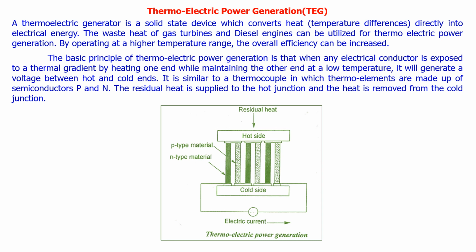It is very similar to a thermocouple, in which thermal elements are made up of P and N semiconductors. If you look at the diagram, you can see the P and N diodes. The residual heat is supplied to the hot junction, and the heat is removed from the cold junction. Because of the temperature difference, a small amount of electric current will be generated. So these are the four methods of residual heat recovery.